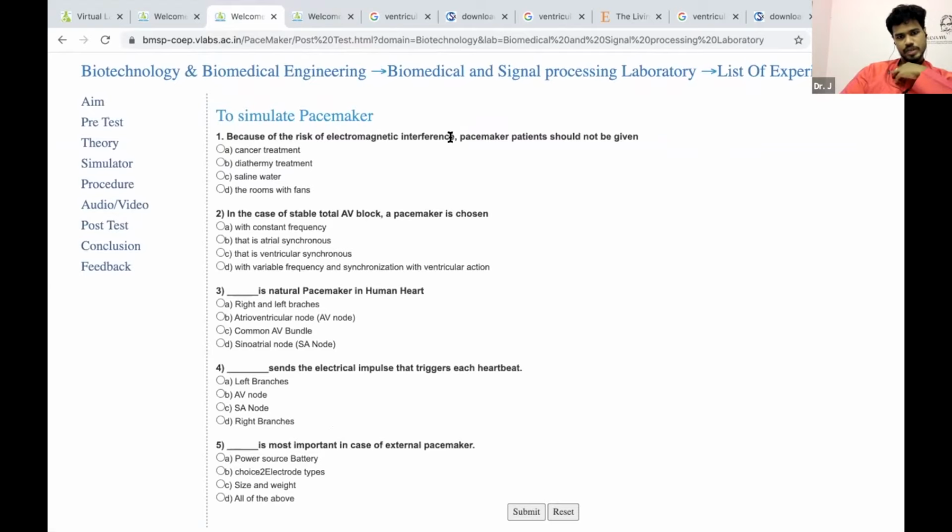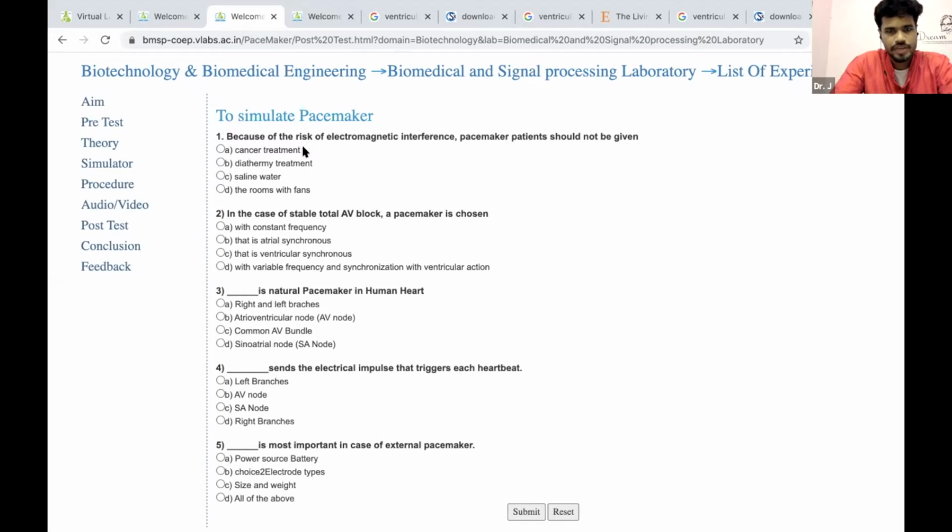Because of the risk of electromagnetic interference, pacemaker patients should not be given. This is a nice question. Now, someone has a pacemaker, so what treatment can't you give to them? Cancer treatment, diathermy, saline water, and then the rooms with fans. See, cancer treatment, whether it's light, whether it's chemo, right?